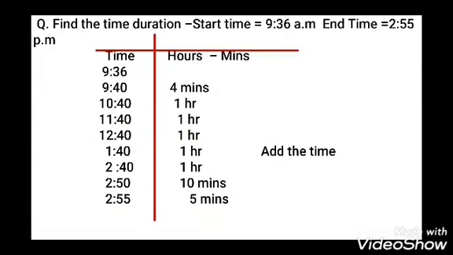Now this is a T-chart. How do we find time? The start time is 9:30 a.m. and end time is 2:55 p.m. So we make a T-chart where this is time in hours and this is the elapsed time. So let us find out. 9:30 to 9:40 is 10 minutes.